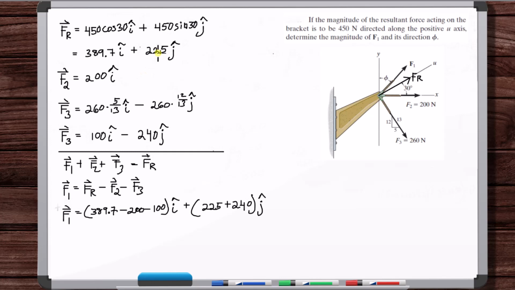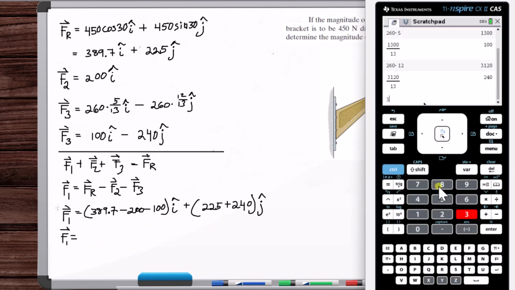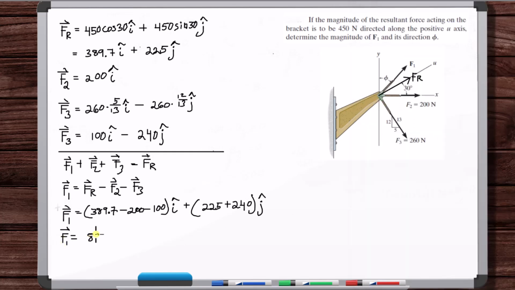So FR, 225, and then minus F3. So it's minus minus. So F1 is equal to 389.7 minus 200 minus 100, okay, 89.7.